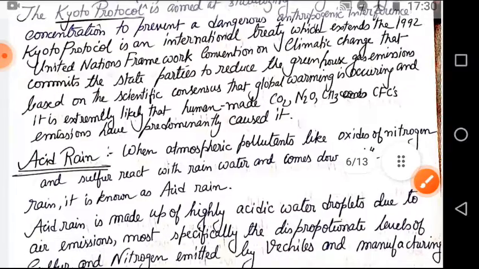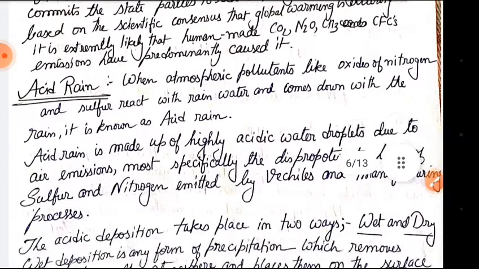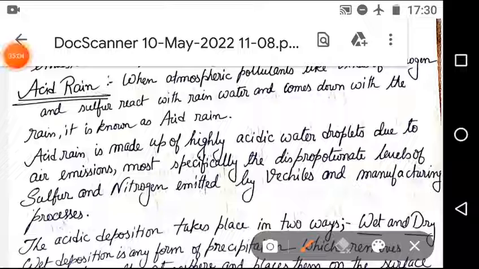Next issue is acid rain. Well, what is acid rain? The rainwater becomes acidic because of the presence of dilute nitric acid or dilute sulfuric acid, as a result of the gases which are released in the atmosphere, and by interaction of these gases with the water particles in the atmosphere, it leads to the formation of acid water.